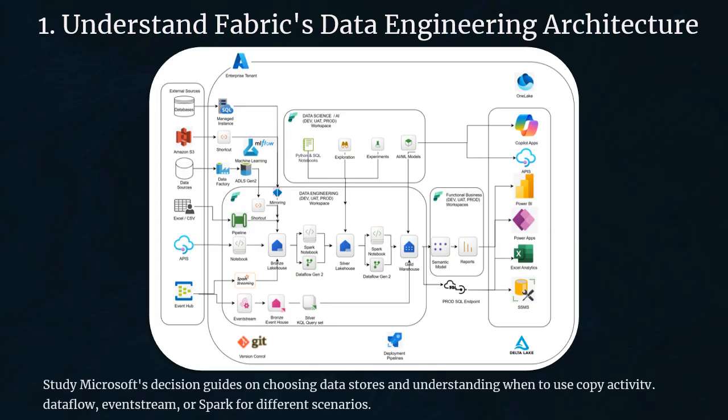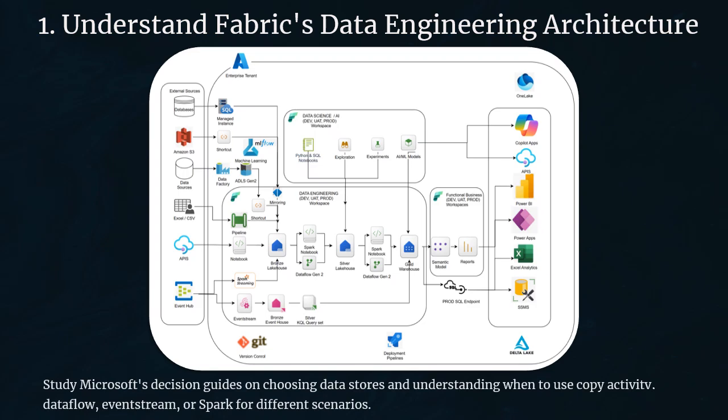Let's take a quick look at Fabric's data engineering architecture so you know how data flows and is organized in the platform. At its core is OneLake, a single integrated storage environment that all analytics engines use. This means you don't have to move or copy data across different systems. Everything stays in one place.